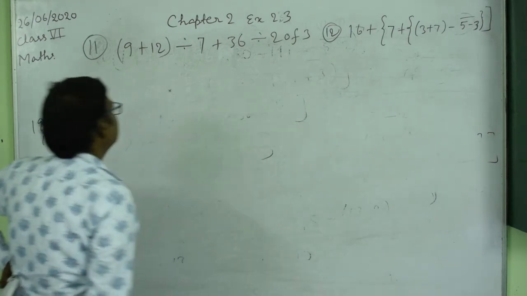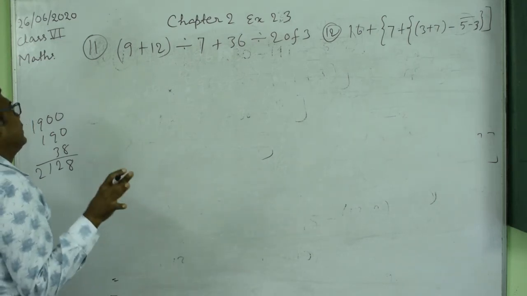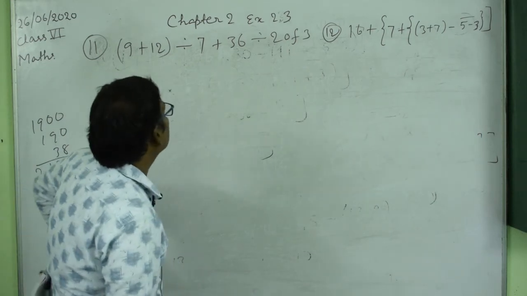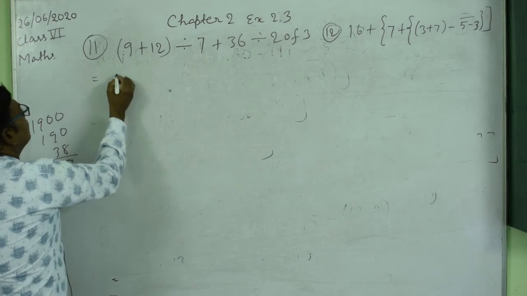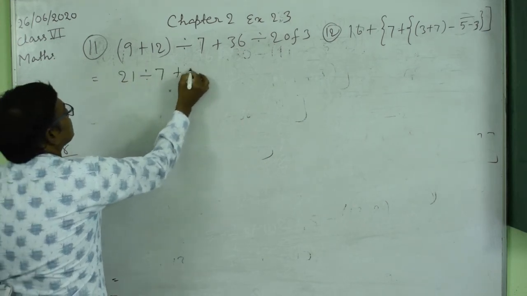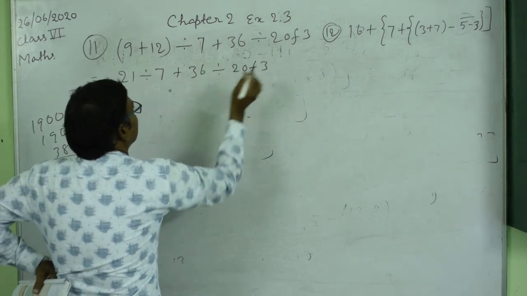Okay, so in this now again recall your flow of operation, that is BODMAS rule. So first we will do the bracket operation. So 9 plus 12 will be 21, and divided by 7 plus 36 divided by 2 of 3.